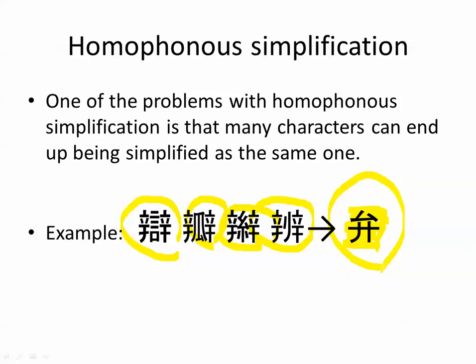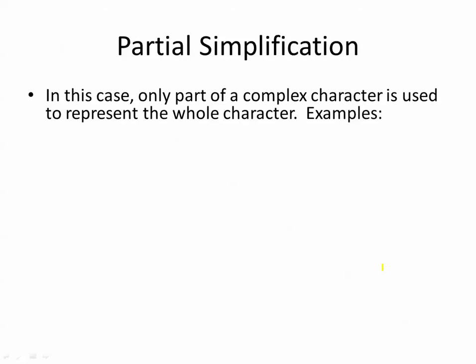Okay. The third kind of simplification is a partial simplification. In this case, only part of a complex kanji is used to represent the whole character. In other words, somebody looked at a complex kanji and said, even a part of that kanji is unique. Why don't we just use the fewest number of brush strokes and stick with whatever's unique?